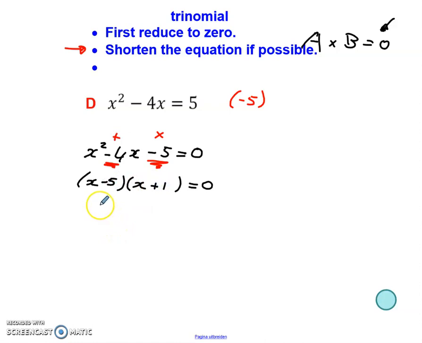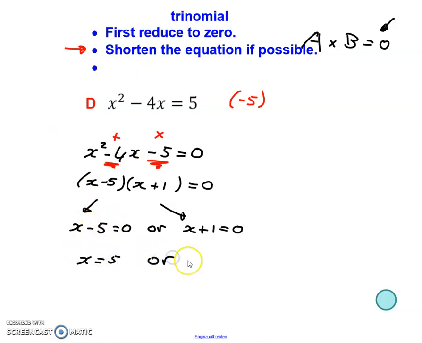And now we can solve the equation. Because x minus 5 should be 0, or x plus 1 needs to be 0. First solution: x will be 5 because we do plus 5 on both sides, or x will be minus 1 because we do minus 1 on both sides.